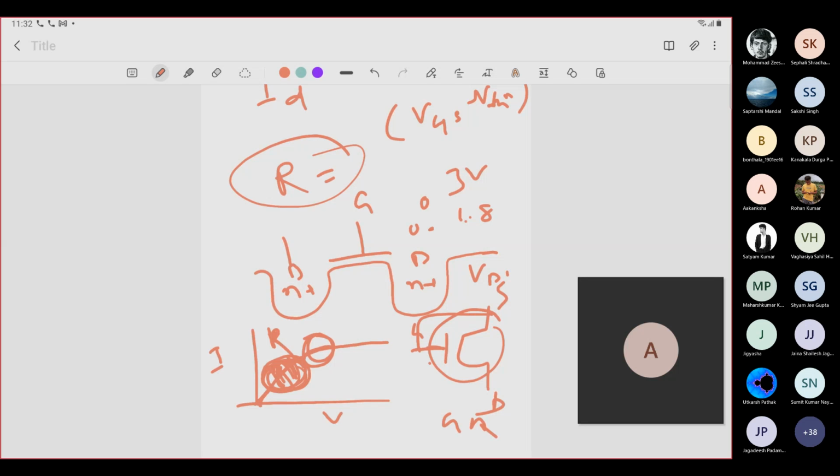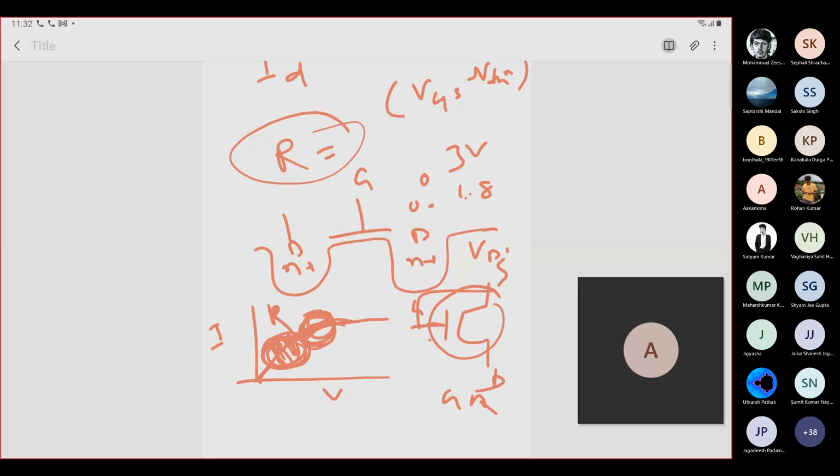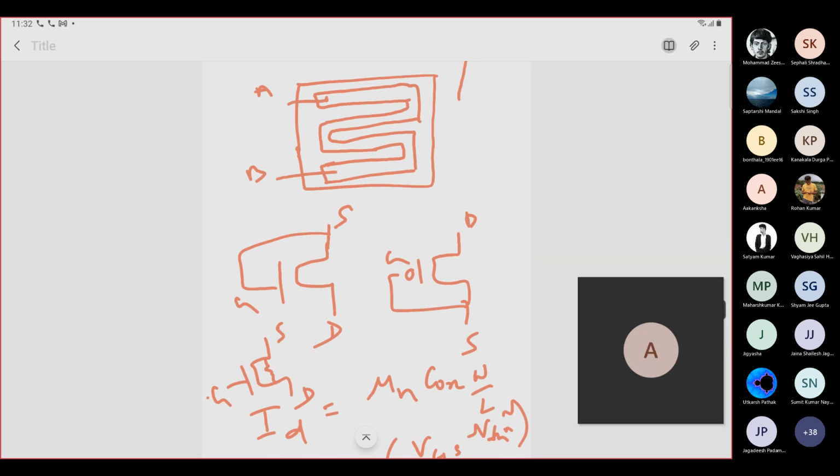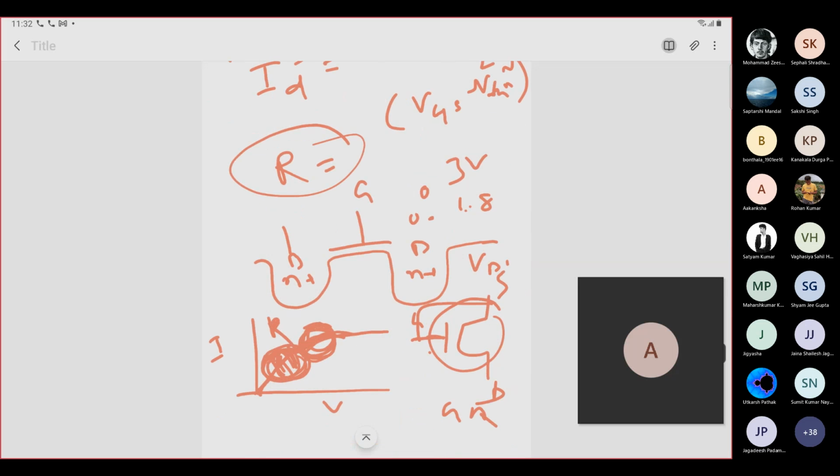But the problem is that if gate and source are connected, it goes to the verge of the saturation region, where the curve is a bit curved. So any small fluctuation in your voltage changes your resistor, and then your circuit performance will change. But yes, you don't need a separate voltage source.